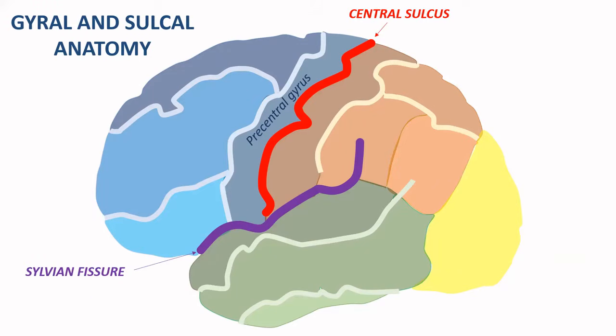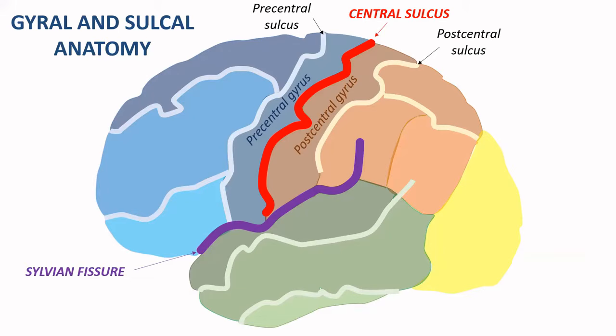And posteriorly of the central sulcus, we find the postcentral gyrus, which contains the primary somatosensory cortex. If you have a lesion there, you can expect to have contralateral paresthesias. Now, the precentral gyrus is bordered by the precentral sulcus, and the precentral sulcus separates the precentral gyrus from three other gyri, which can be found on the lateral brain surface.